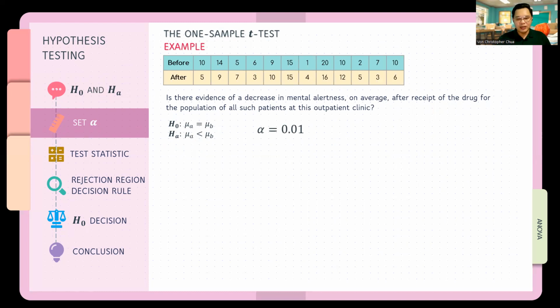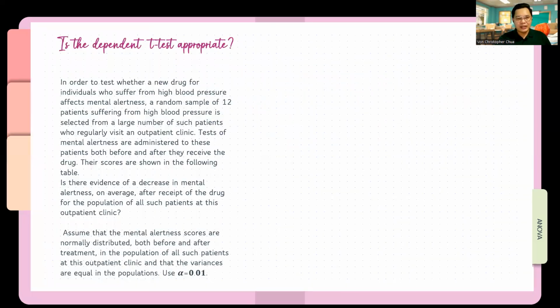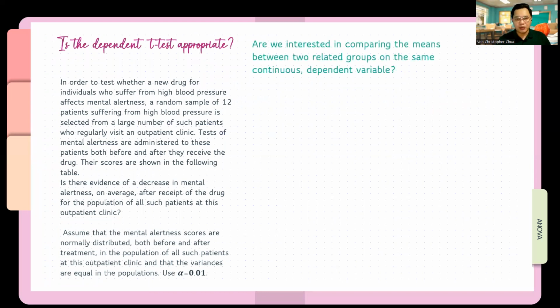Now, before we discuss how we can compute for the test statistic using the appropriate statistical calculator, let us consider first whether or not the dependency test is appropriate. So we go back to the intention of the dependency test and we ask ourselves, are we interested in comparing the means between two related groups on the same continuous dependent variable?